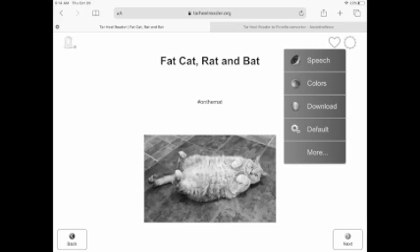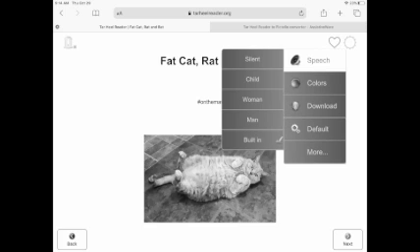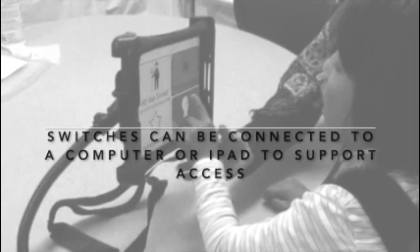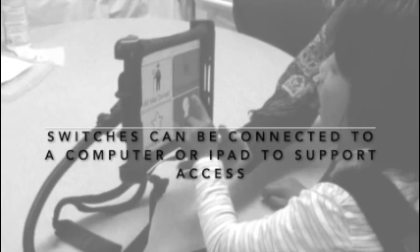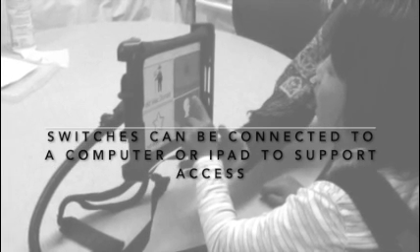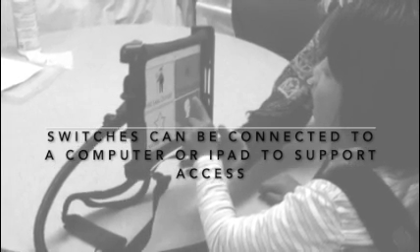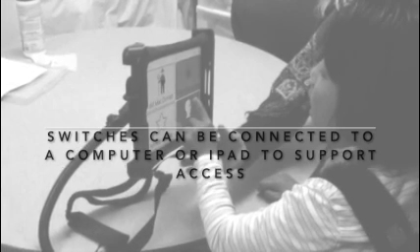Choose Speech from the drop-down menu, and then we recommend using the built-in voice for students with complex needs. For students who have difficulty with direct access, it is always possible to connect a switch to the computer or iPad so the student can independently turn pages or select stories.